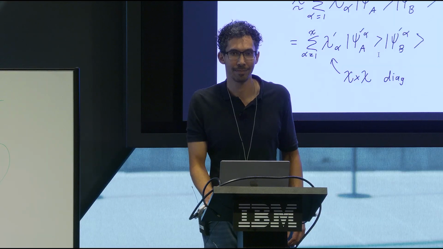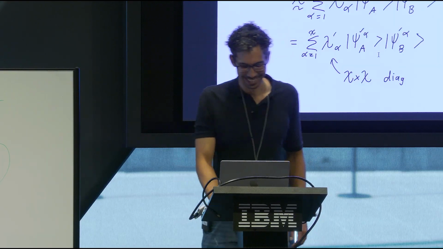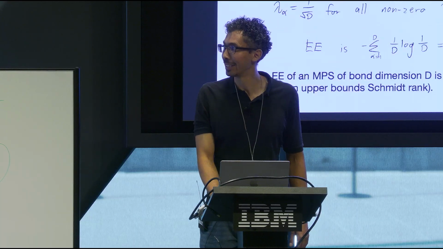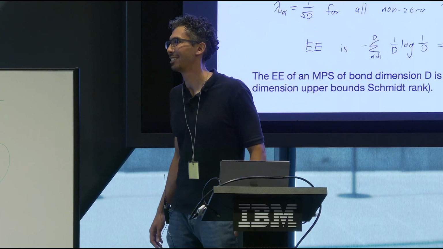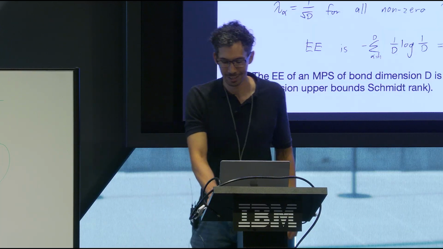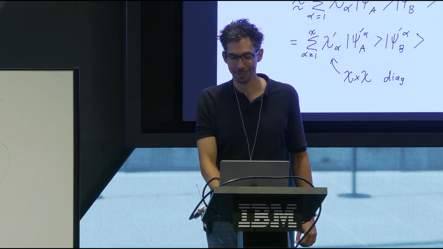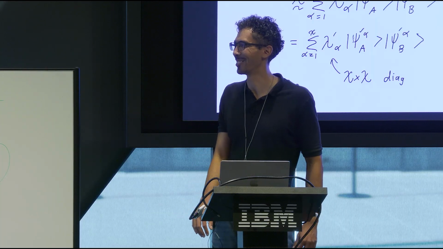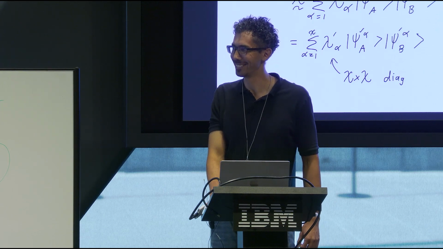Oh, so I'm going to get to that, yes. How do you, I guess, choose chi? Like, what if a lot of the singular values are very close to each other? Yeah, I mean, you're free to choose chi to be whatever you want, but the resulting approximation to the state may not be good.